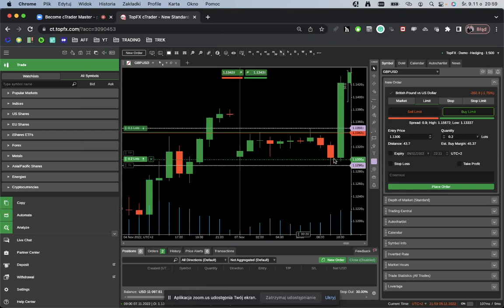So if you want to buy the breakout, you place a buy stop for the breakouts, and if you want to buy the dip, you place a buy limit. That's the first difference, very important. And the second difference: buy limit is guaranteed to be filled at 1.13 only or better, okay, and buy stop is not guaranteed to be filled at 1.1350, right?